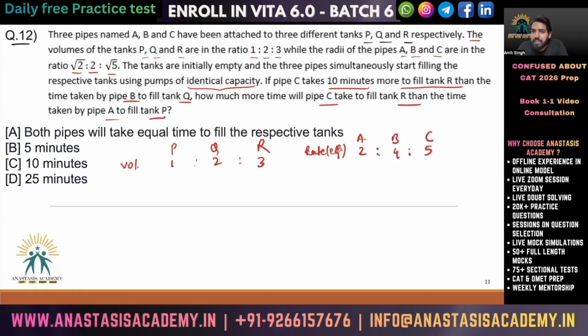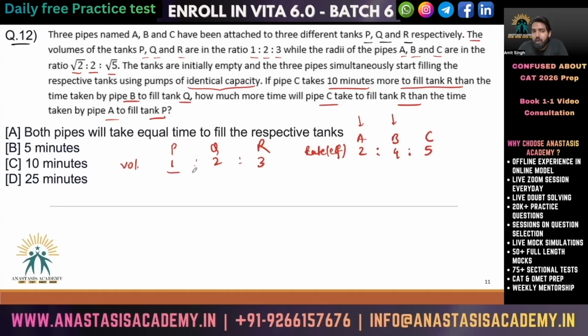Can you see the rate of pipe A and pipe B is in the ratio 2:4, that is 1:2, which means the rate of pipe B is double the rate of pipe A.